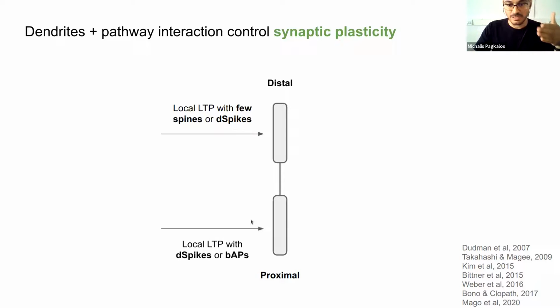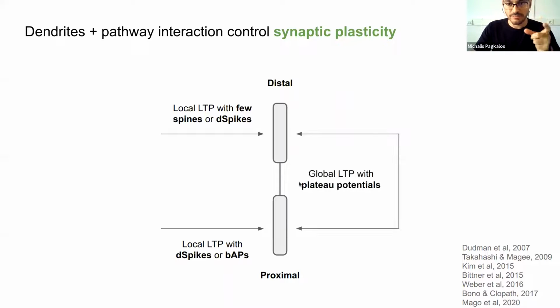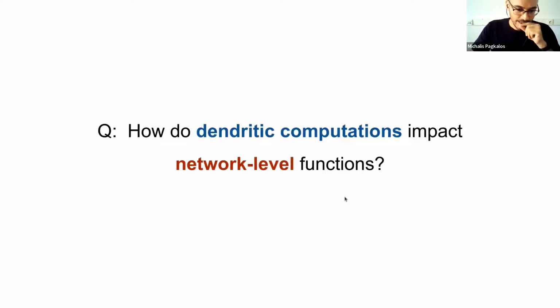Something similar happens at the proximal part of the dendrites, but this is more Hebbian-like because they are usually more coupled to the soma. Whereas when you activate both distal and proximal pathways, you have global and heterosynaptic LTP due to strong and long-lasting plateau potentials.